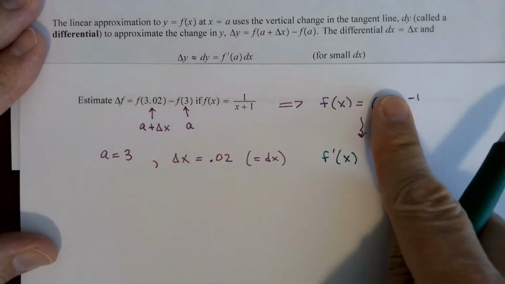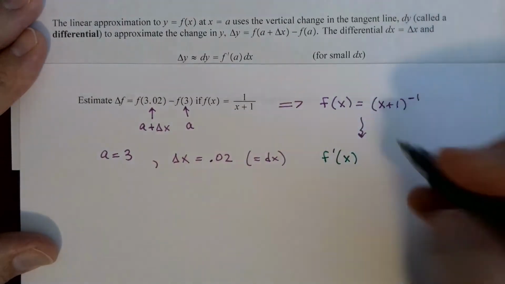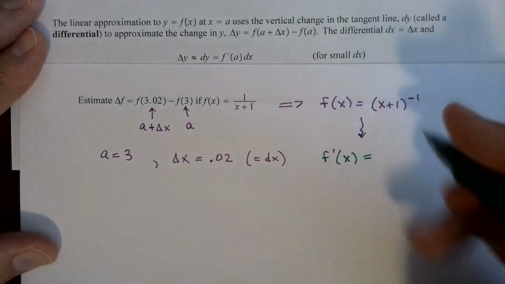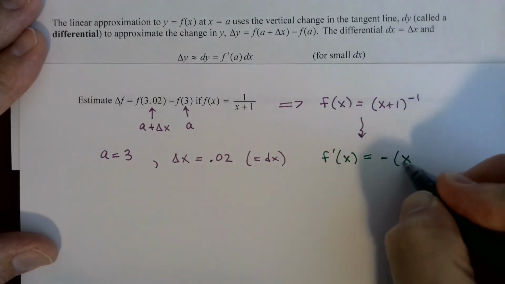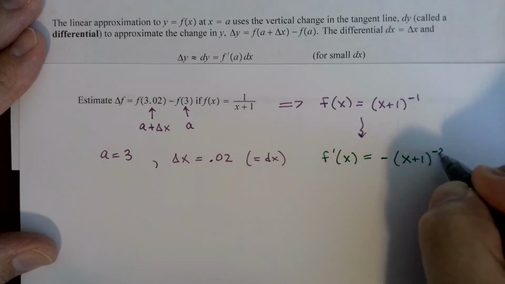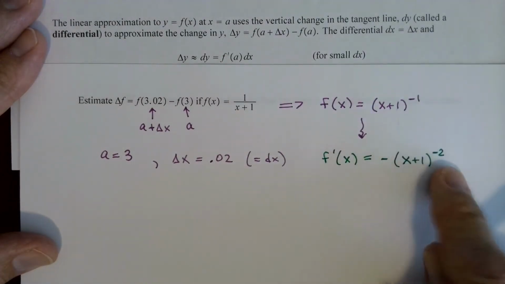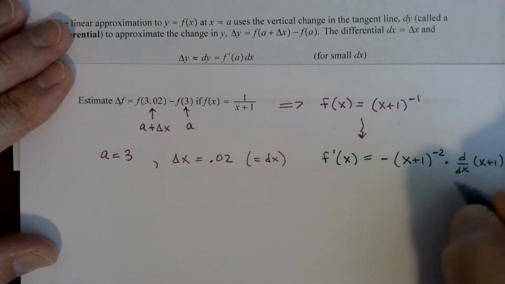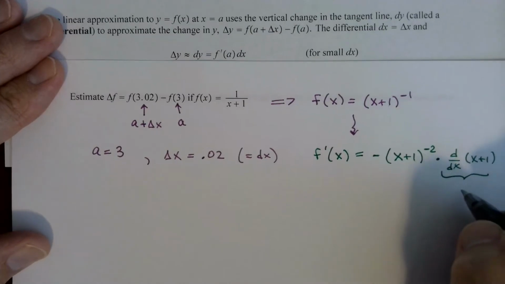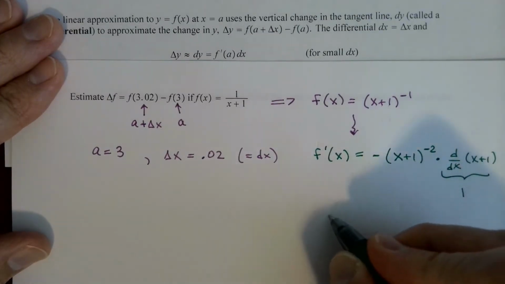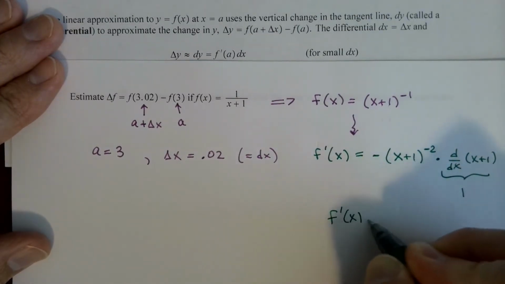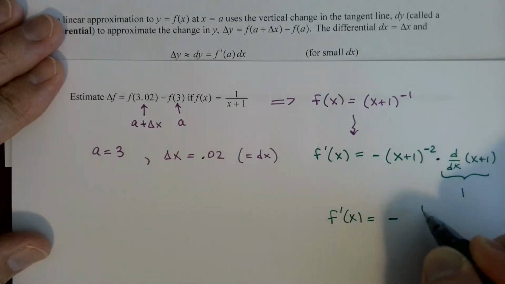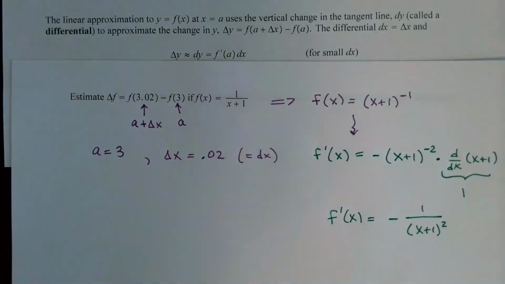The outer function is u to the negative 1, the inner function is x plus 1. The derivative of the outer function is negative u to the negative 2, that's the power rule, times the derivative of what's inside. But that is just equal to 1, since the derivative of x plus 1 is 1. And so my answer is that f prime of x is equal to negative 1 over x plus 1 squared.